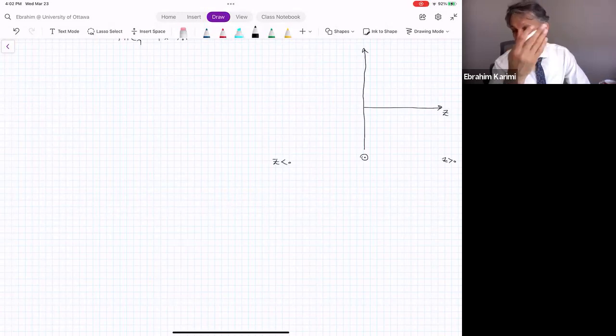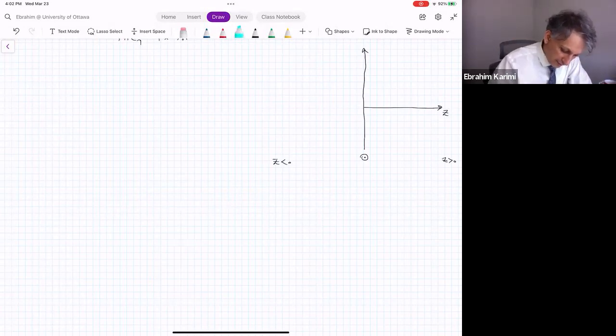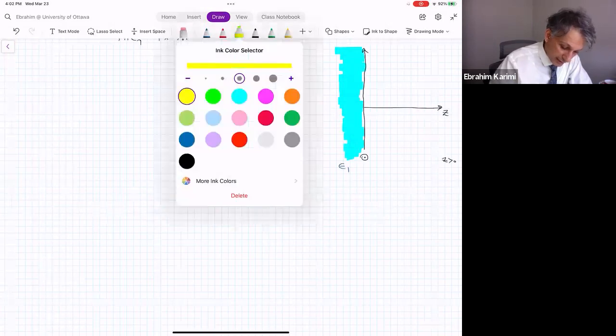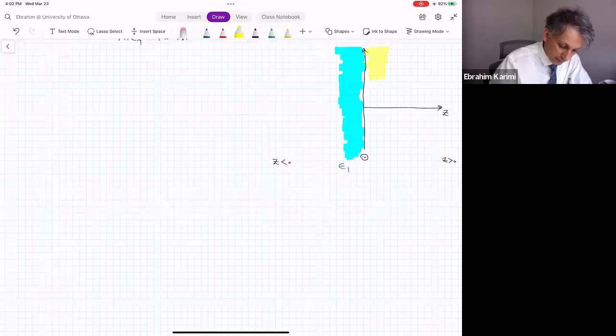And I choose the coordinate in such a way that it distinguishes two different places. One which has dielectric constant of epsilon 1, and the other region which has the dielectric constant of epsilon 2. And of course, I assume that it goes to infinity.